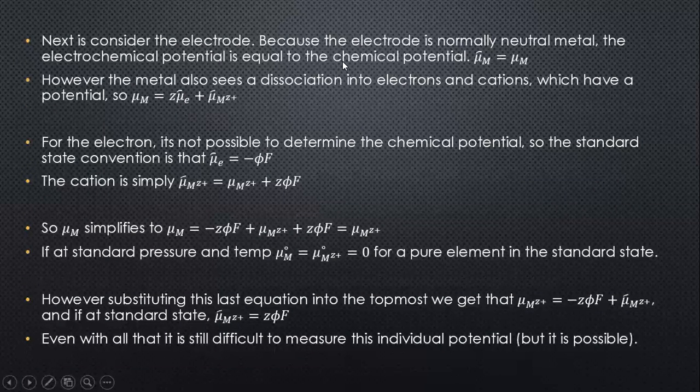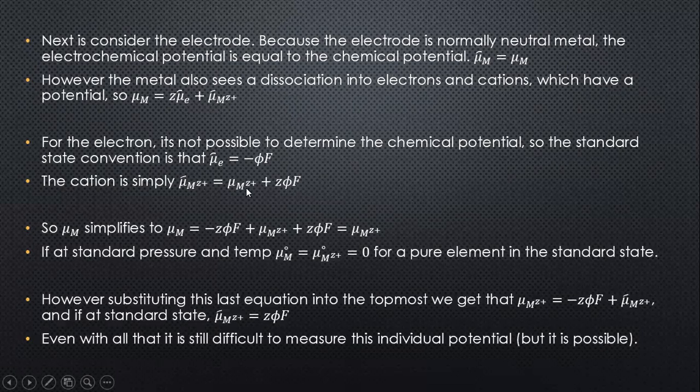Well, so now we need to consider the electrode. The electrode is normally a neutral metal, so the electrochemical potential of this is actually just the chemical potential. It's mostly neutral, so we just say they're the same. But metals also see a dissociation into electrons and cations. So the chemical potential of this metal is going to be the charge of electrons times the electrochemical potential of the electron plus the electrochemical potential of the cations formed.